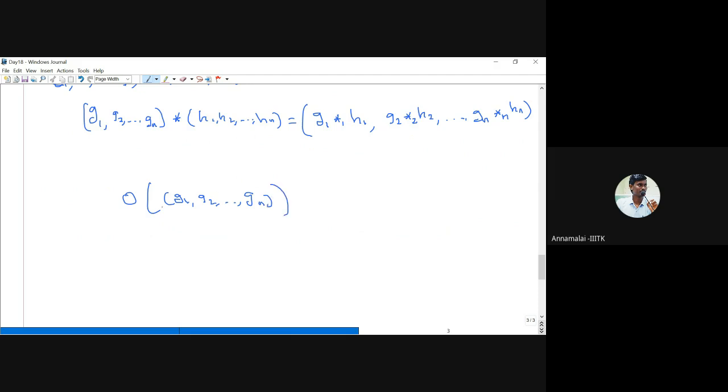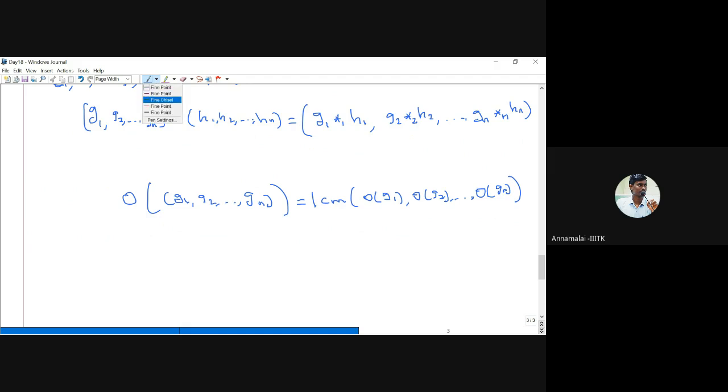We know the order of g1, the order of g2, etc., the order of gn. The order of this tuple is the LCM of the order of g1, the order of g2, etc., the order of gn. We have to find the order of each element and then take the LCM. That is the order of the n-tuple. It's a very important result.